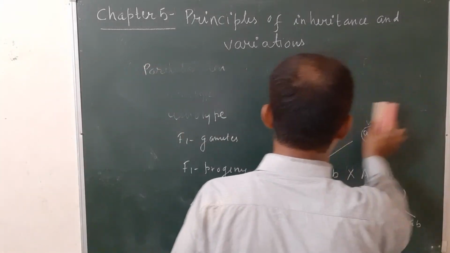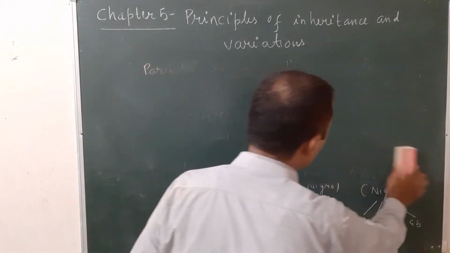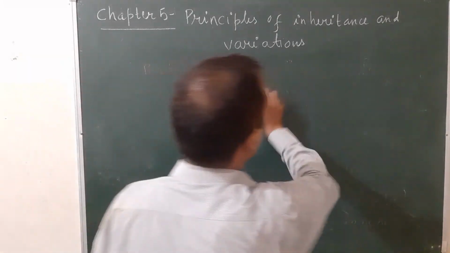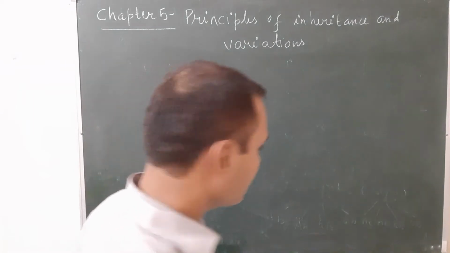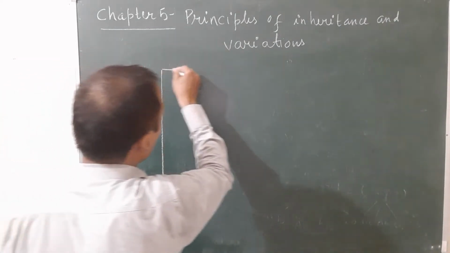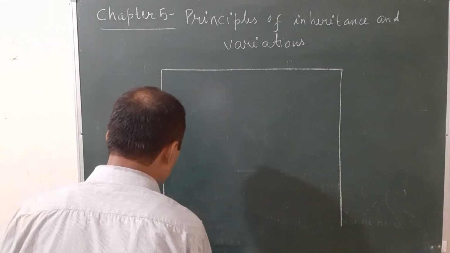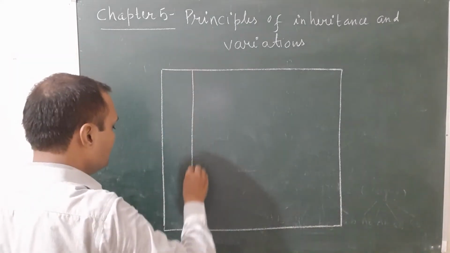You will get a total of 16 combinations. Out of 16, you will find the 5 phenotypes, and different genes control the same trait, that is human skin color. You will make the unit square for the second generation progenies, and you can easily find there are 5 phenotypes on the basis of human skin color.